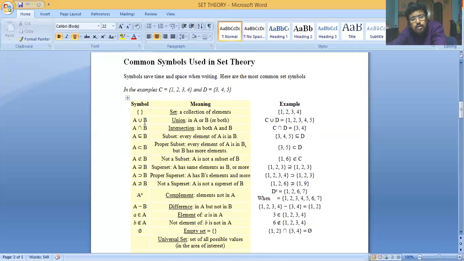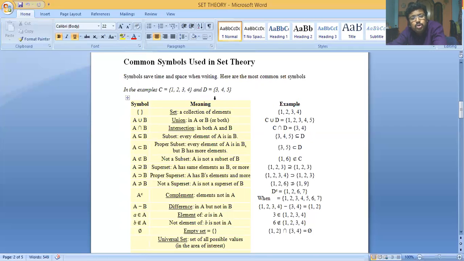A union B. This symbol represents union. Suppose we have two sets, C and D, where C is 1, 2, 3, 4 and D is 3, 4, 5.